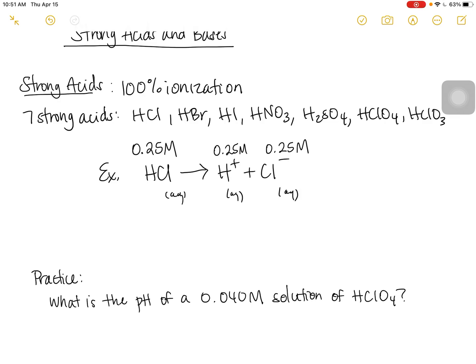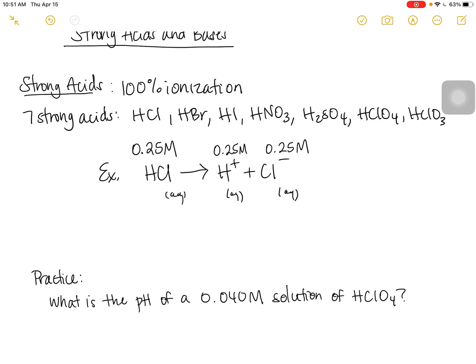So since we have 100% ionization, we can do a direct relationship between how much H+ is in the solution and the concentration of the acid to begin with, or the original concentration. And that's a really big deal. We're going to see later when we have an acid that's not strong that I cannot make that connection.